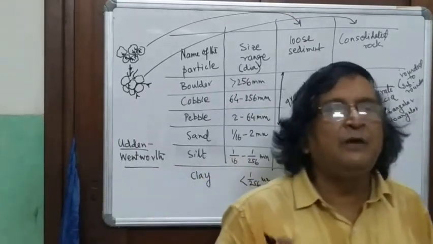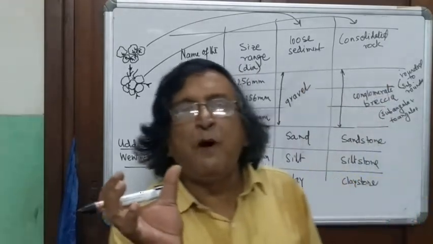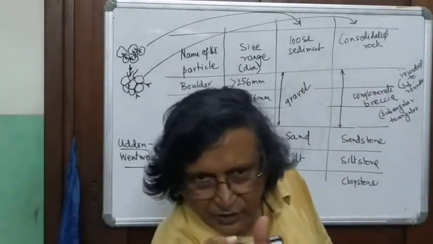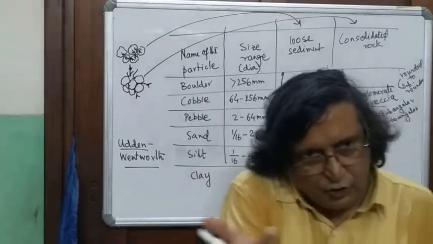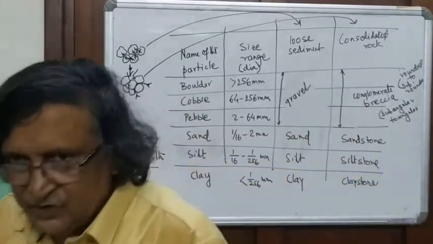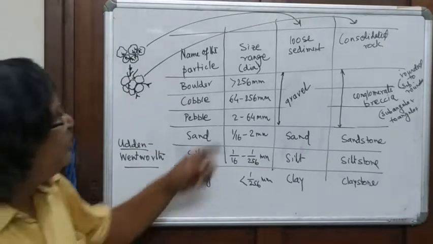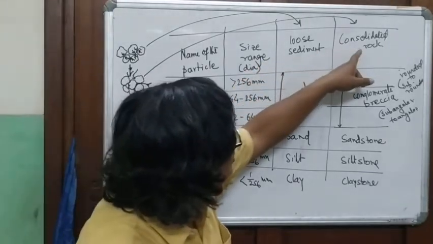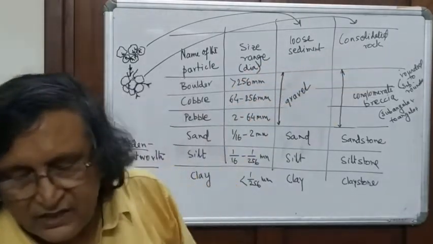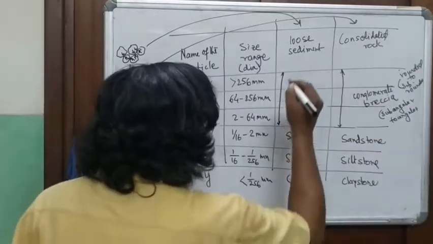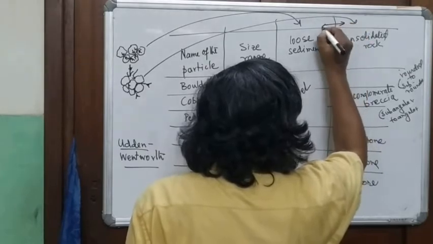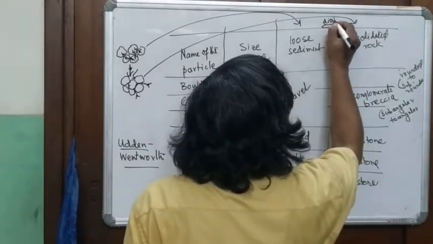I think you know the term regelation: when you take two balls of ice and press them with your hand, after some time they are just linked together. That's exactly what happens when you go from loose sediments to consolidated rock. The conversion is called diagenesis.